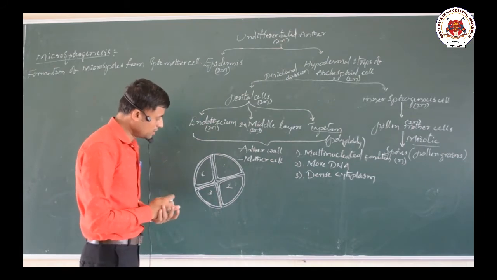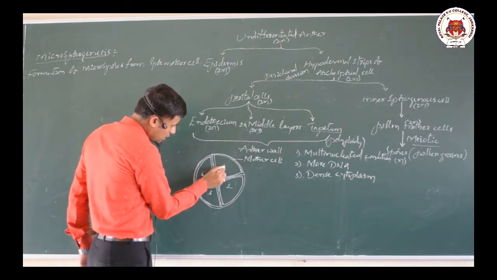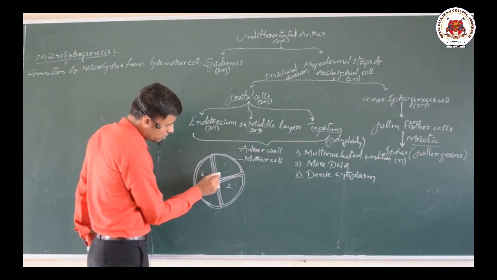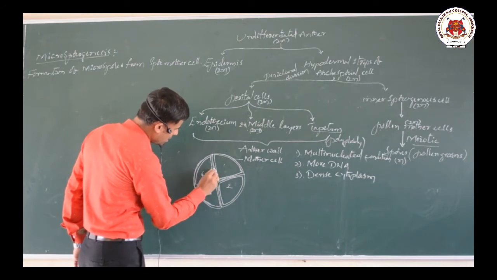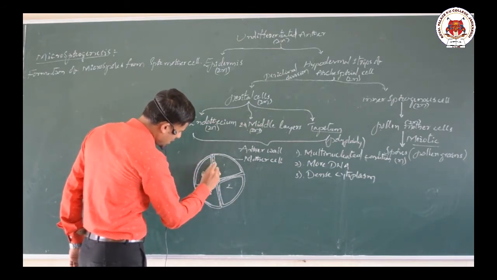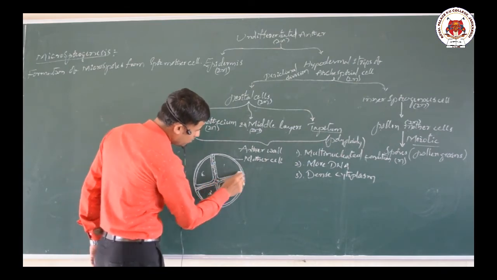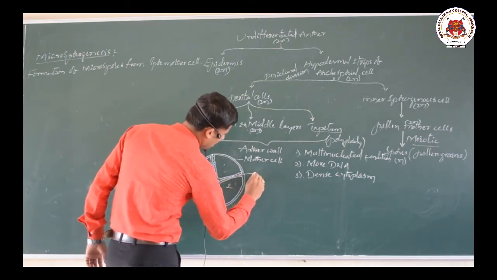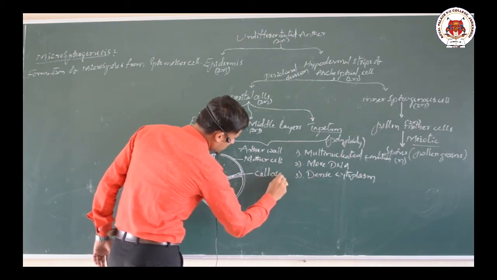When you observe each spore and the next spore, in between them there is a certain membrane present. That membrane we consider as callose.